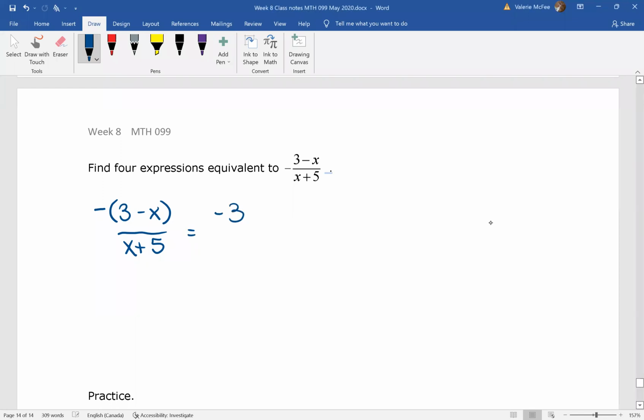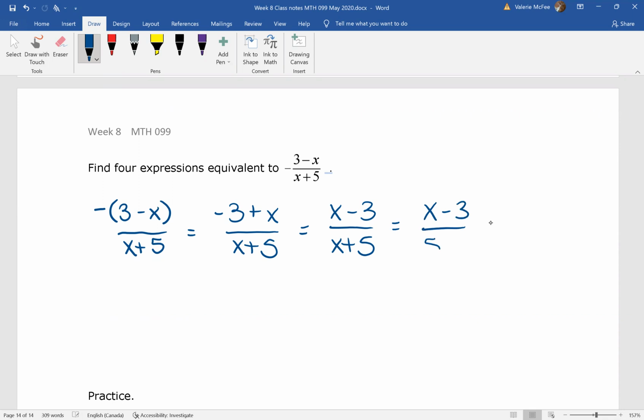That gave us negative 3 plus x all over x plus 5. And of course, we could change the order in the numerator as x minus 3 over x plus 5. You could have even written this as x minus 3 over 5 plus x. All of those are equivalent to this one.